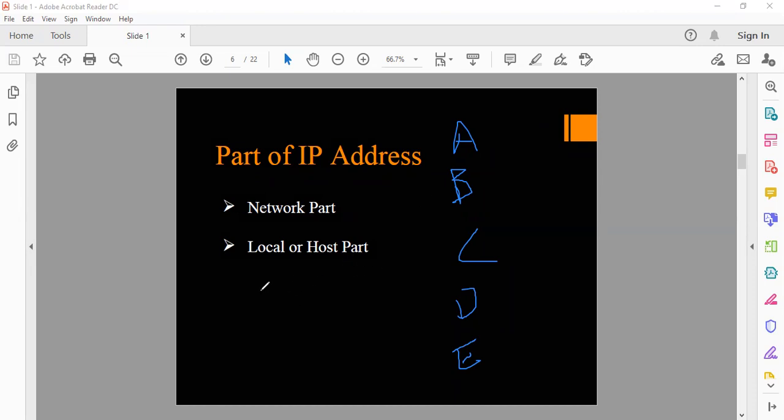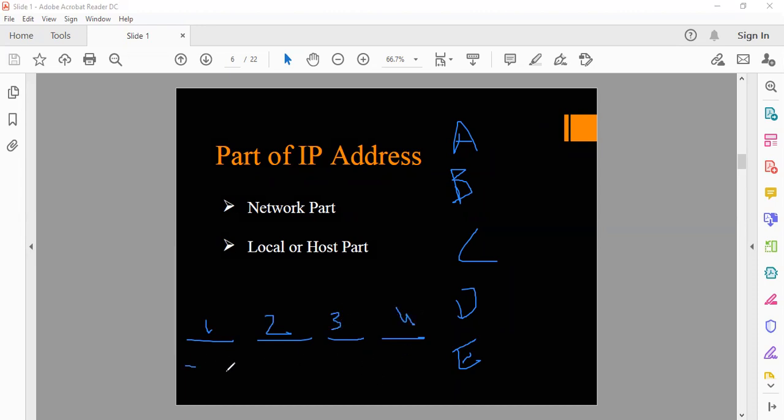As we studied in our previous slides, IP version 4 has four octets: the first octet, second octet, third octet, and fourth octet.